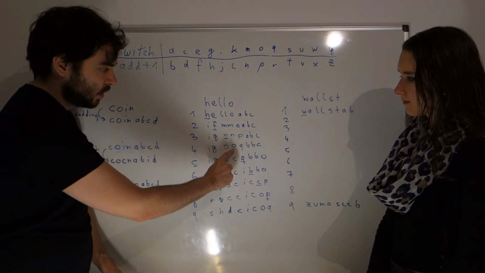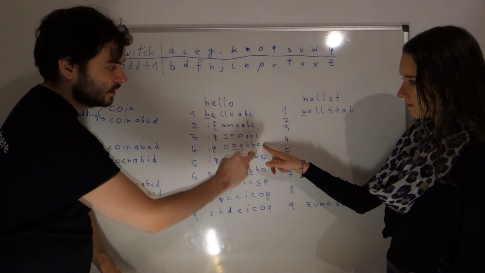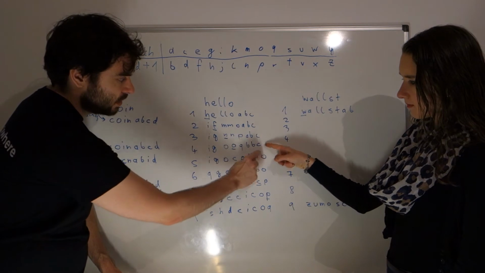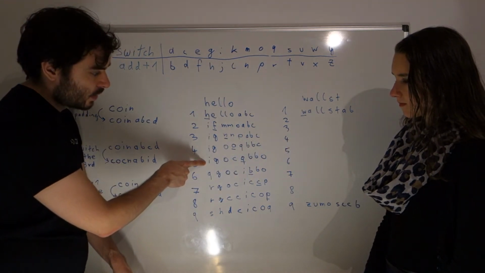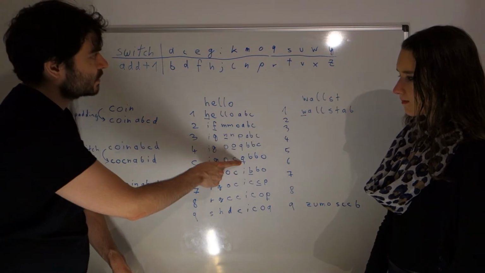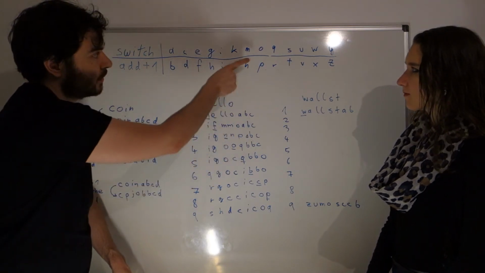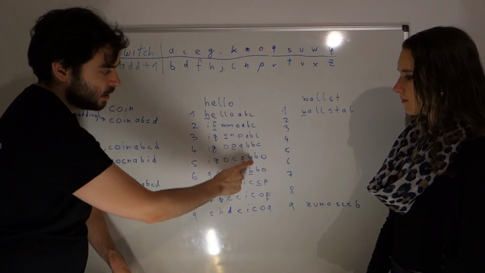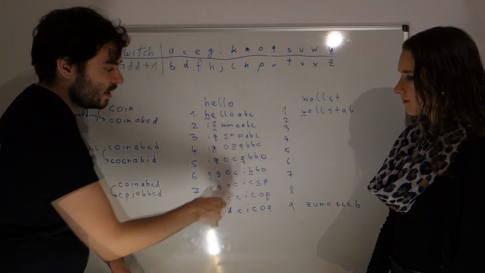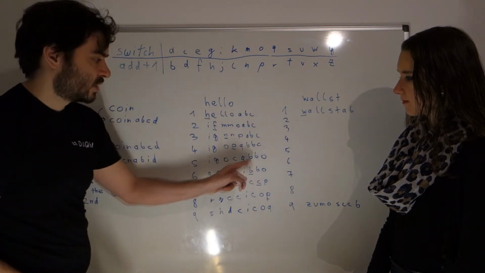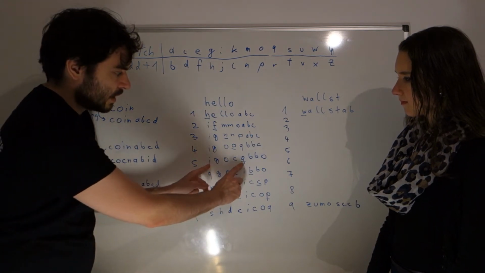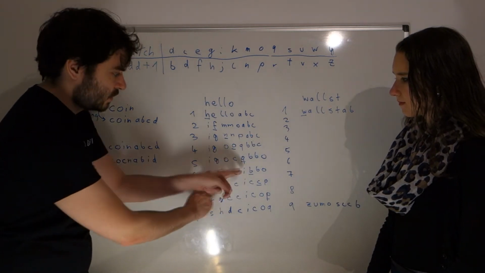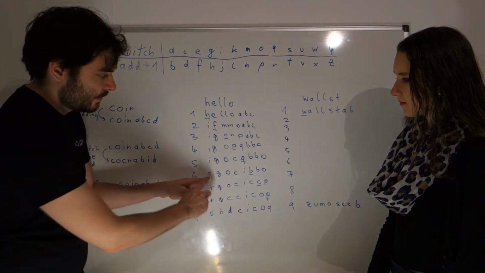So the O is switched with the C. So you see that the O goes there, the C goes there, and we did this operation. And then we go on. The Q happens to be also in the switch part. Okay, 1, 2, 3, and then if we run out of space, we just start at the beginning again. So what I'm going to do is I switch the Q with the I. So this is the new word.